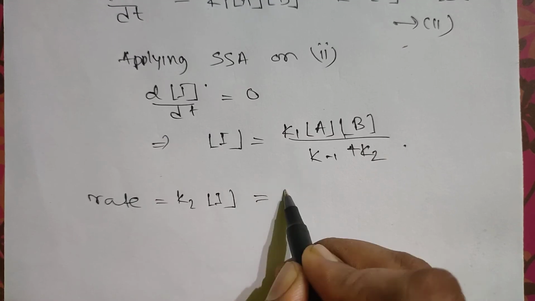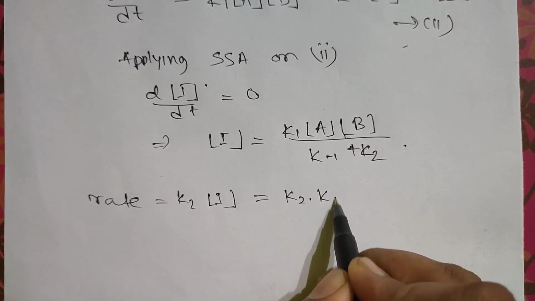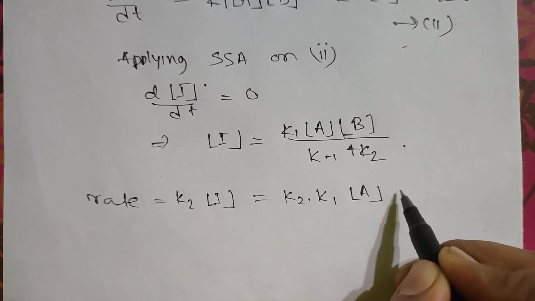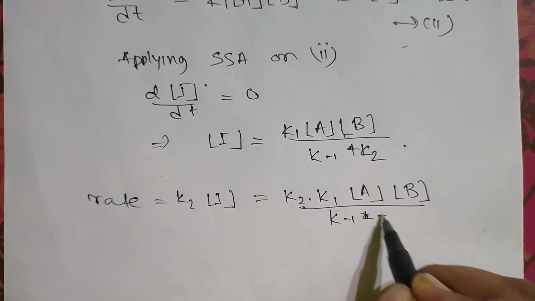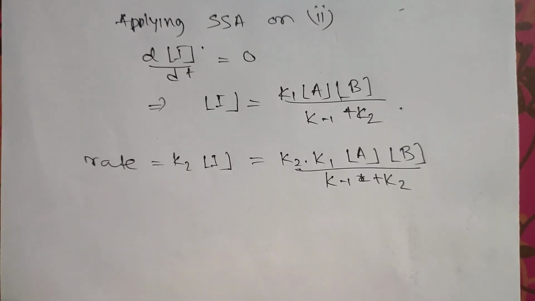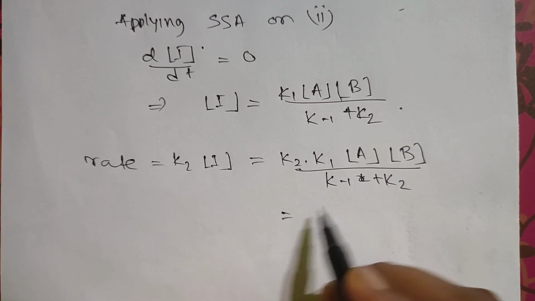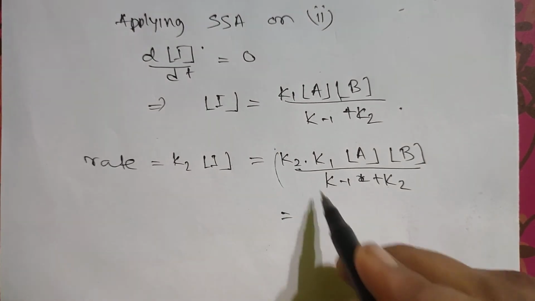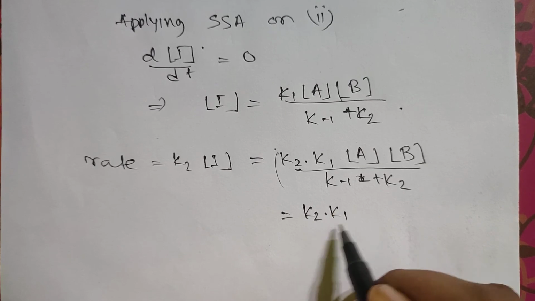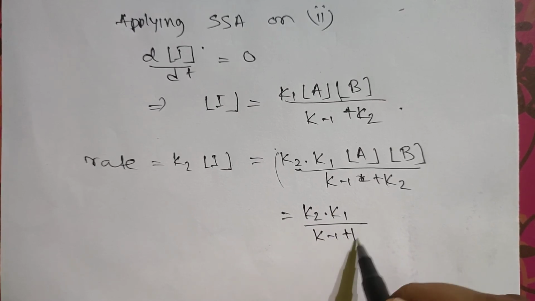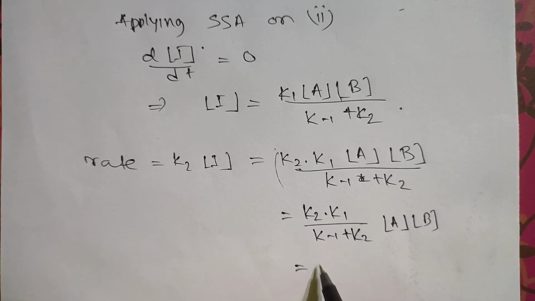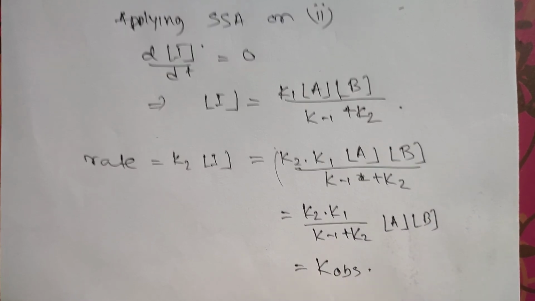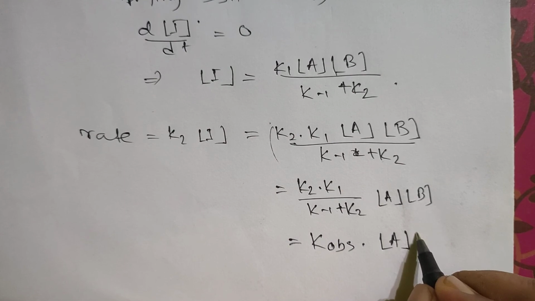So k2 into I equals k2 by k1 a b by k minus 1 plus k2. If we write it this way, it is k2 k1 by k minus 1 plus k2 into a into b, which we write as k observed into ab.